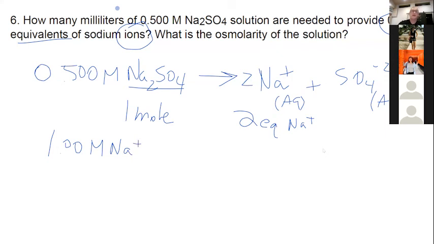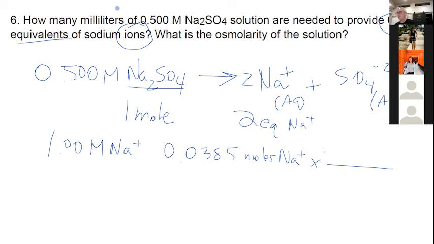So then if I need 0.0385 basically moles of ions, what do I multiply that by to get me a volume? Molarity.